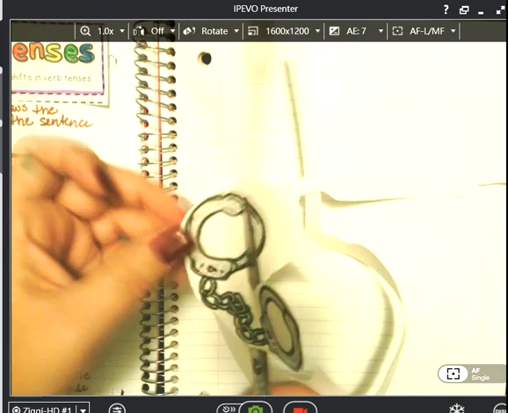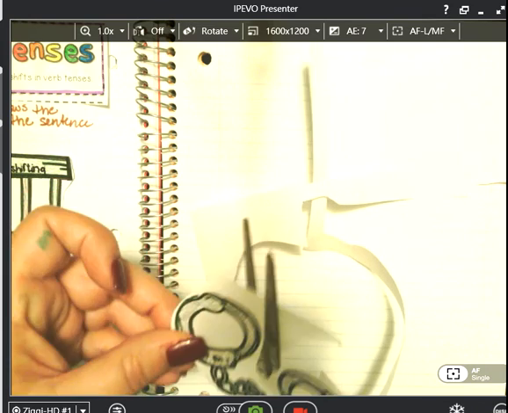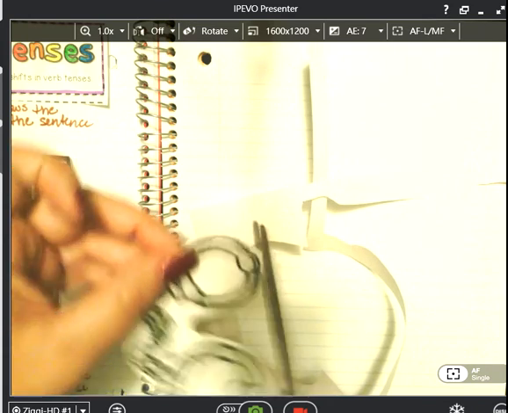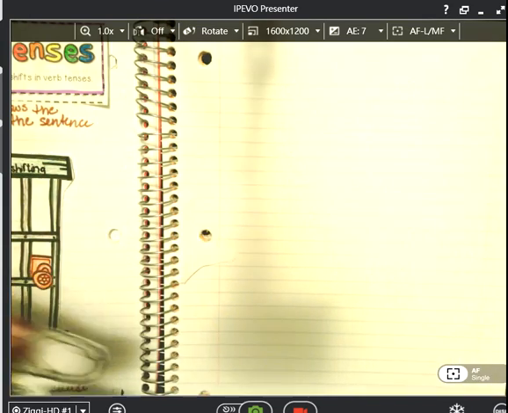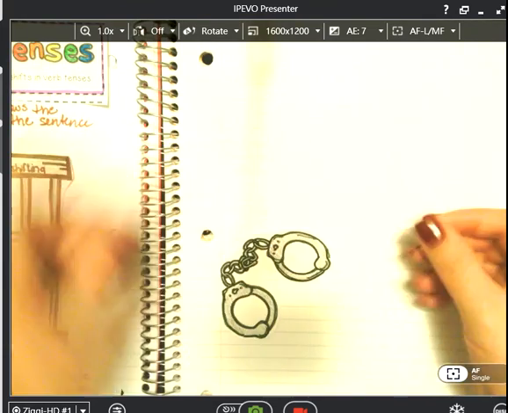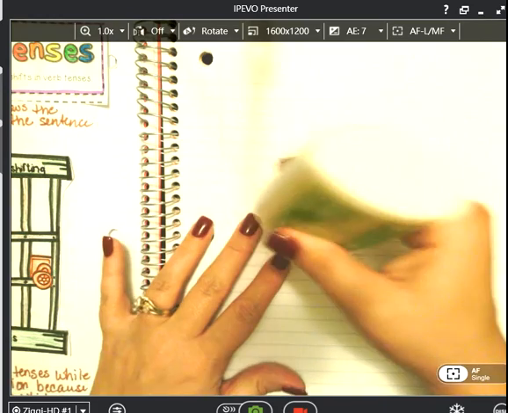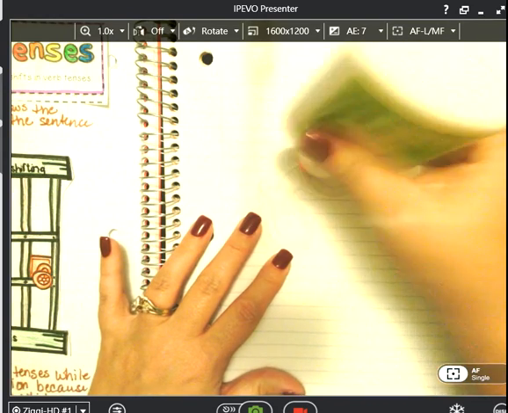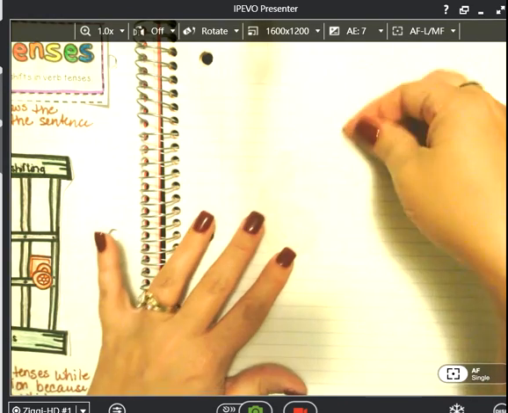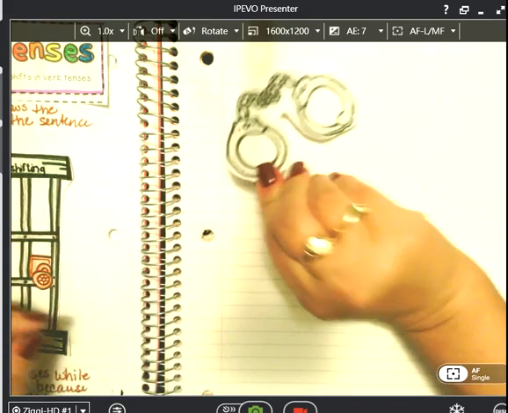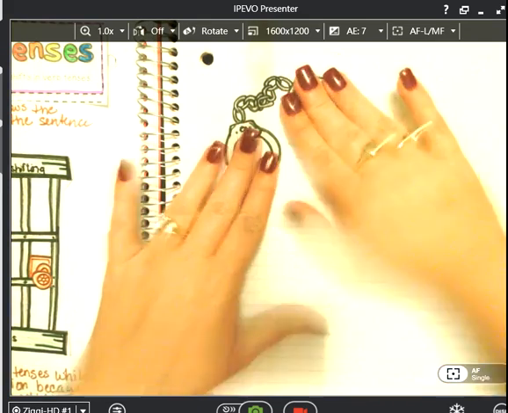Sorry, I don't have that under the camera. Alright, so now we've got our little handcuffs here. Aren't they cute? And we're just going to put those somewhere on the top of the page, just to reiterate the point that you do not want to get caught changing tenses in your sentences.